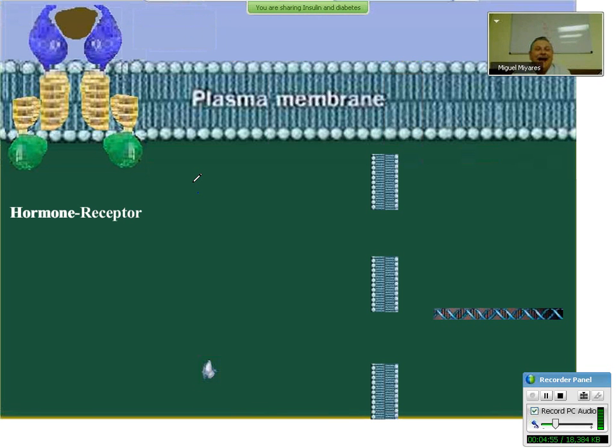When insulin is recognized by receptor, we produce the activation. Then it is a mechanism of the hormone enzyme receptor. It's a receptor enzyme mechanism. And it's a tyrosine kinase linkage. And this tyrosine receptor is at the same time a tyrosine kinase.